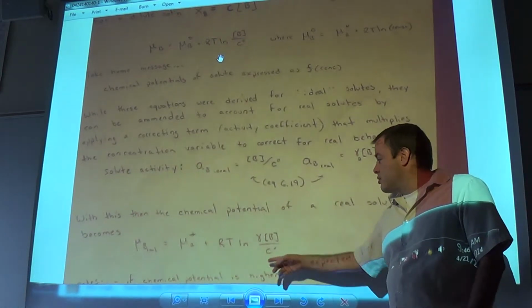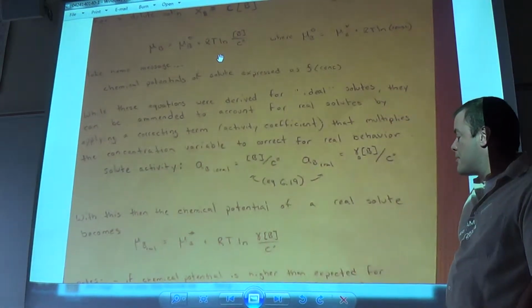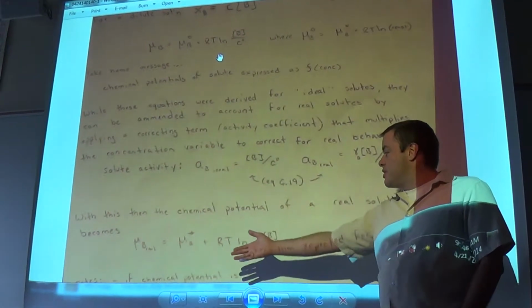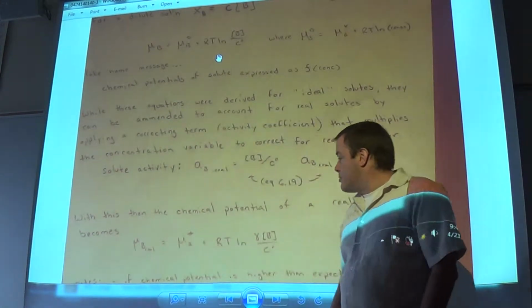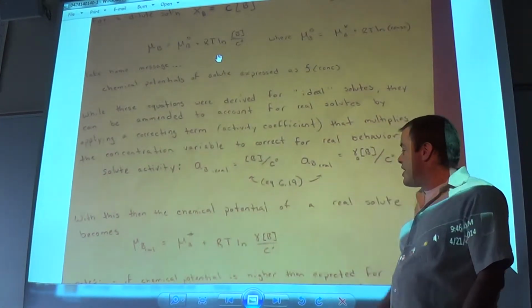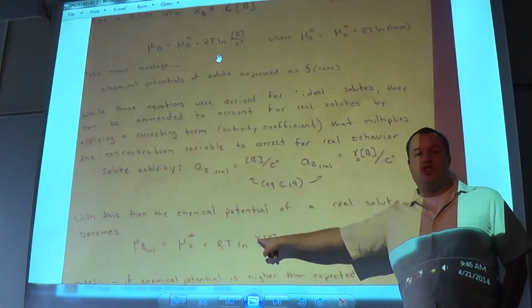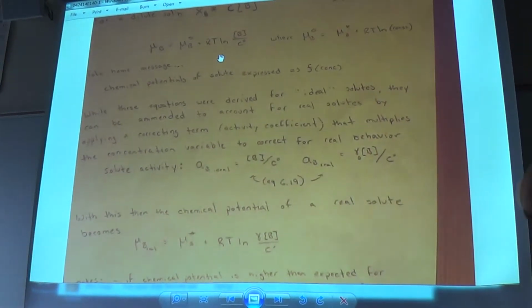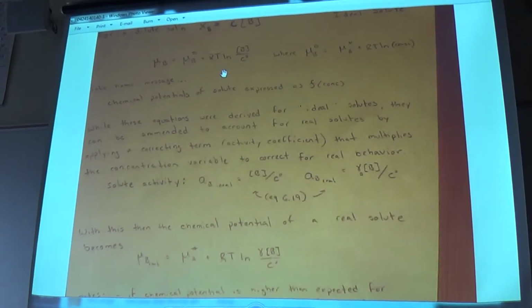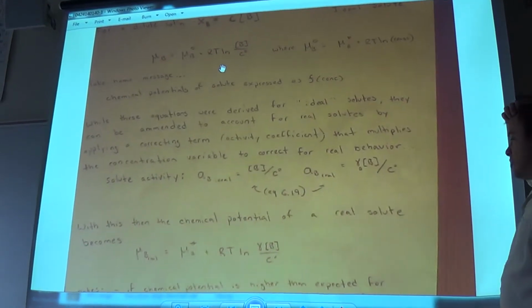So with that, our amended form of the chemical potential is some chemical potential of a reference state plus RT times the natural log of concentration times whatever that coefficient is. And that coefficient is going to be referred to as an activity coefficient.